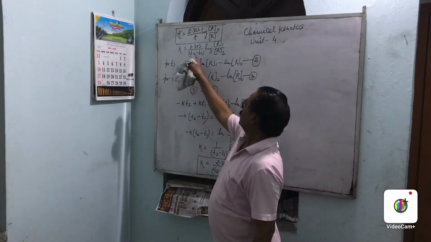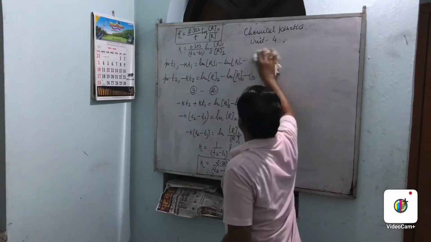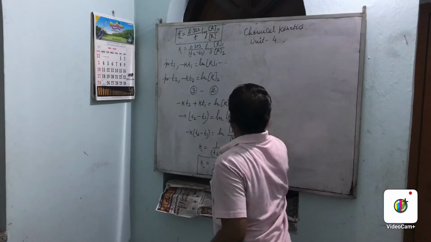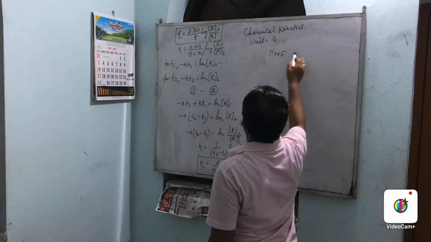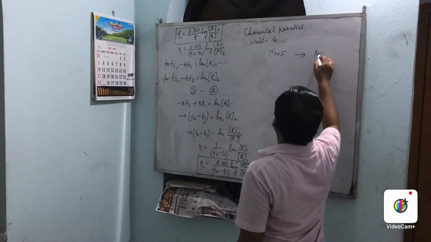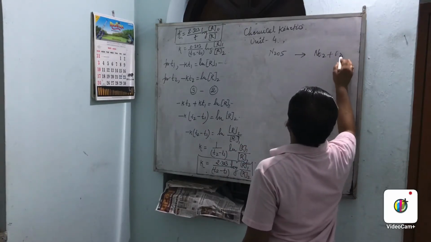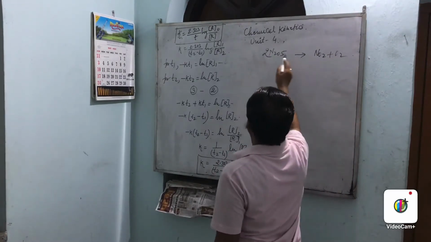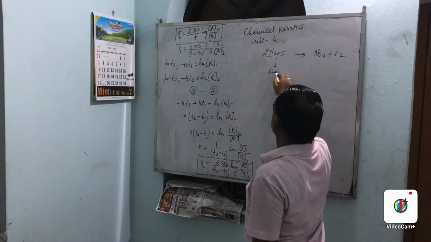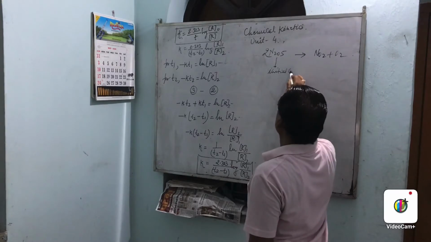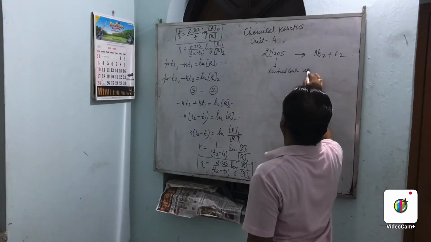Suppose we take for example N2O5 giving NO2 plus O2. It is a first order reaction and the initial concentration is given.